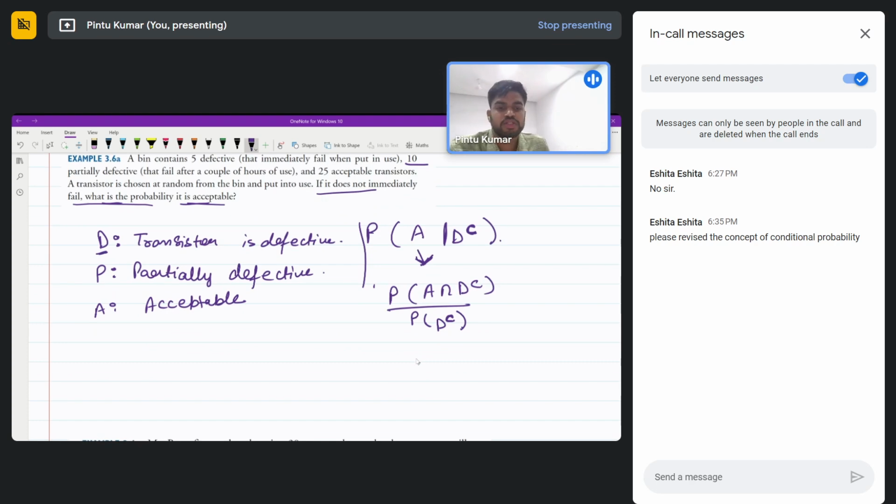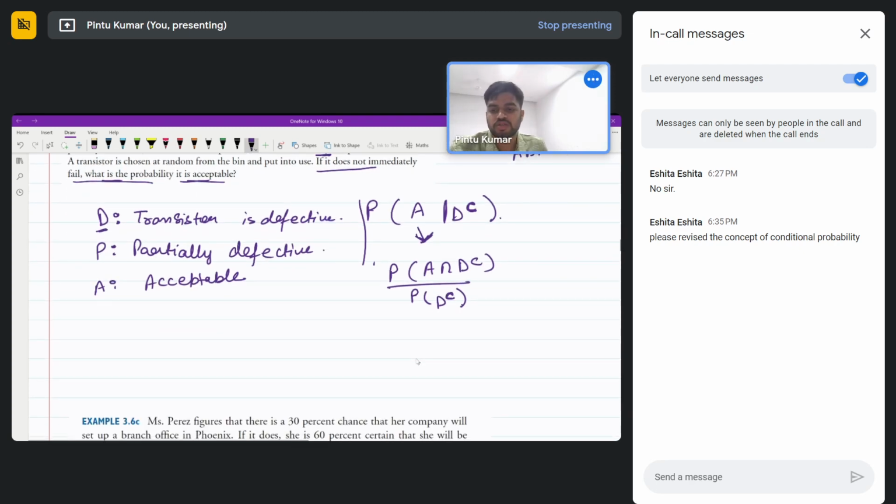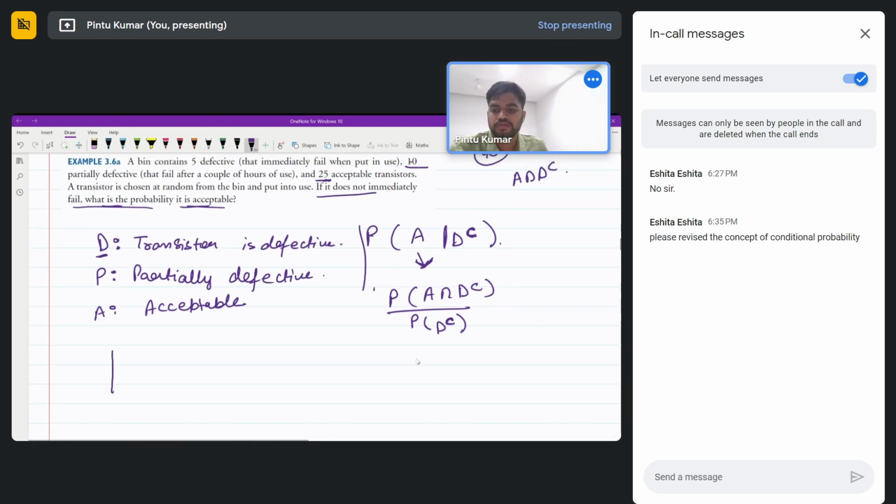So what is A intersection D complement? First of all, what is the total number of transistors? This is 10 plus 5, 15 plus 25, so 40 transistors that we have. A intersection D complement would mean just A, because let's draw this diagram.